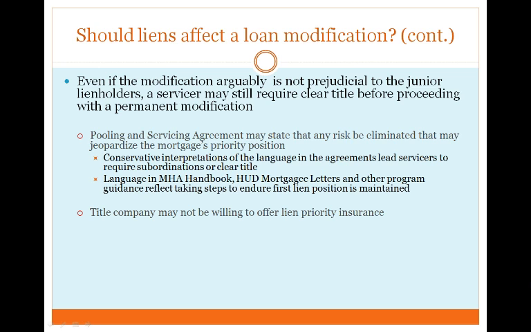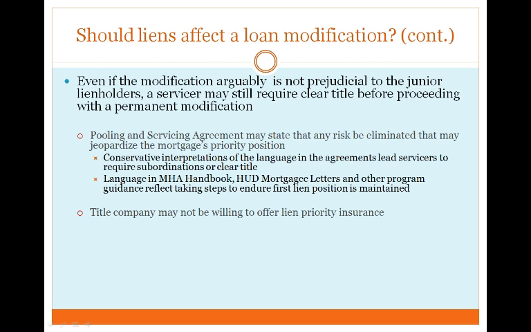Now, some of the language in the MHA handbook and HUD mortgagee letters is very similar. They're basically asking that the servicer take steps to ensure that the first lien position is in fact maintained. Taking steps is very general again.